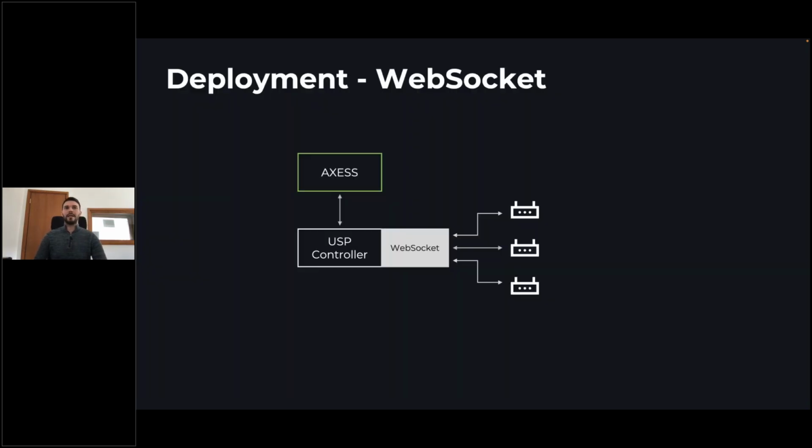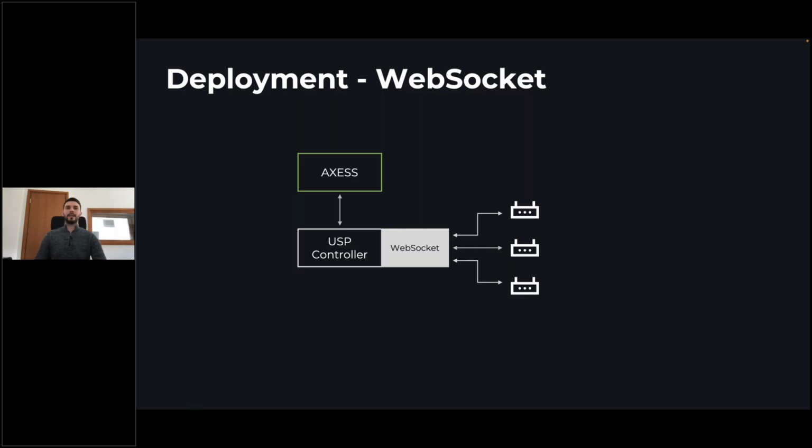Here I have a couple of slides just to demonstrate the deployment versions. Why I mentioned all the MTPs is because it also invokes certain configuration points. So when we have a WebSocket, we have our ACS on top connected to the USP controller, and then the USP controller uses the WebSocket interface to directly connect to each of those devices.